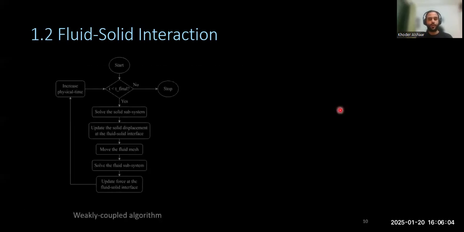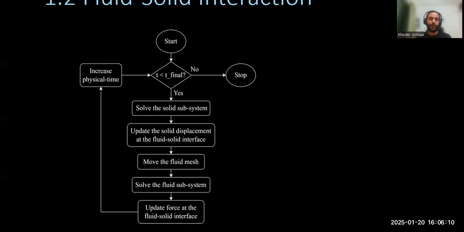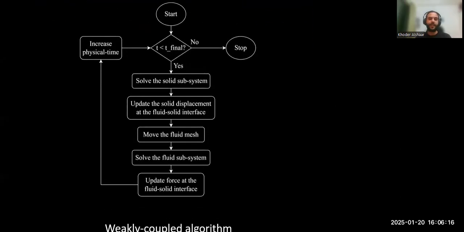So I'm just going to show a quick flow chart of what we mean by weak coupling. For the partitioned solver, we have something called weak coupling algorithm. It basically starts with solving the solid subsystem alone, and then it updates the displacement where the solid interface has been moved, and then it moves the fluid mesh.